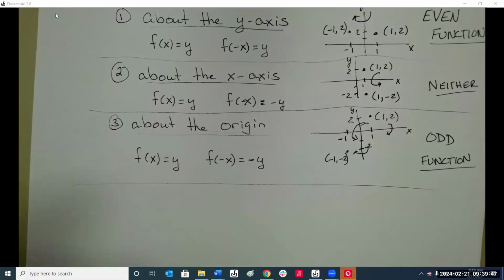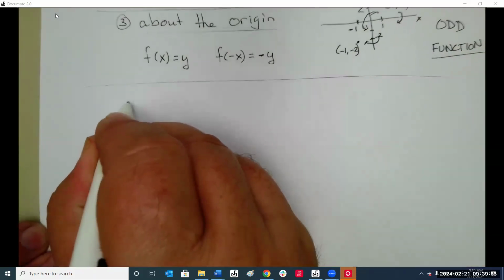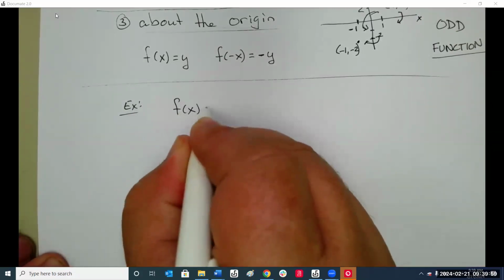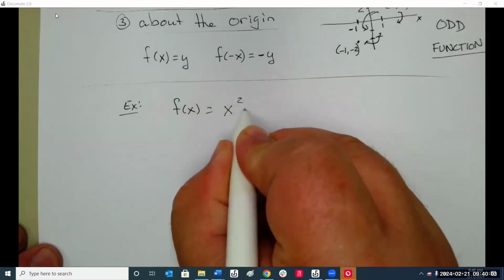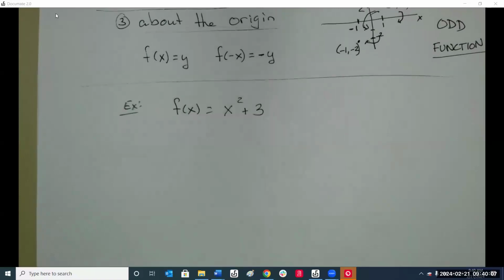So I'm going to show you mathematically how to determine these, and then I'll show you a shortcut where you don't have to do any math. So f of x equals x squared plus 3. I give you any function. I'm going to ask you, is it even, odd, or neither?